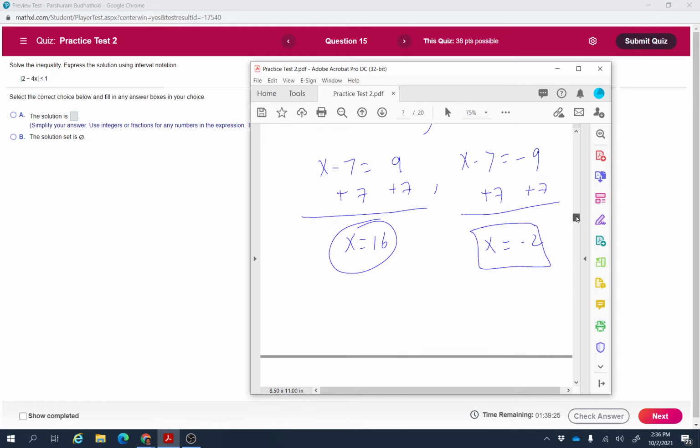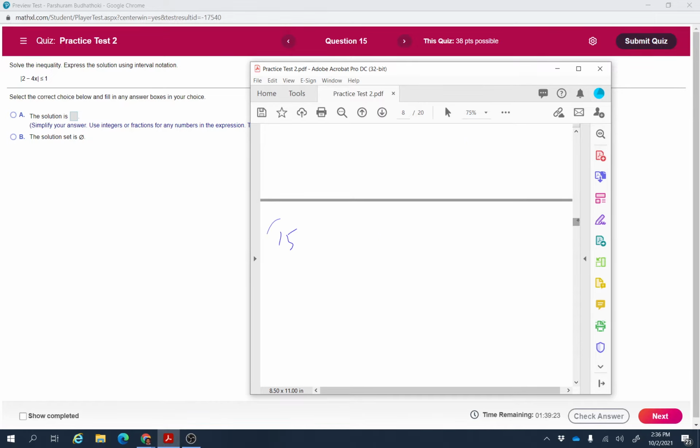If you have the absolute value of something is less than or equal to some constant k, this means this box could be greater than or equal to the negative value of that constant, and less than or equal to the positive value of that constant. So whatever you have inside this box could be in between negative k to positive k, and this inequality sign depends on what inequality sign you have given here.